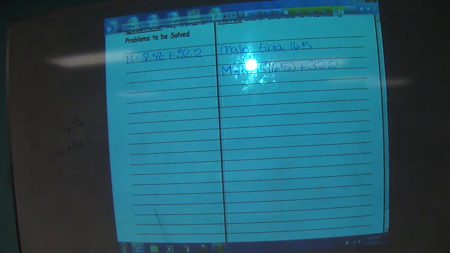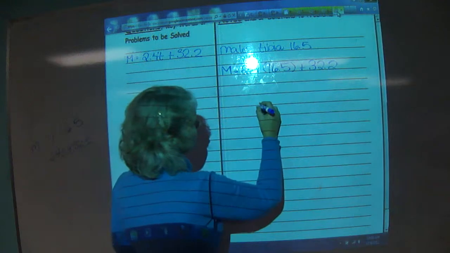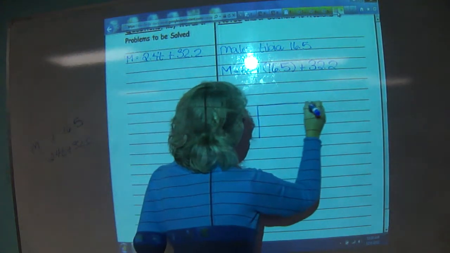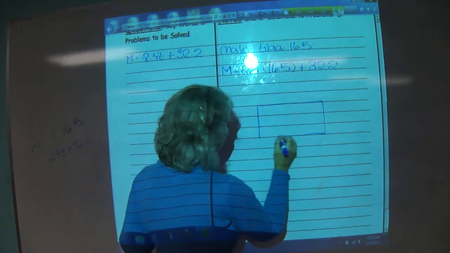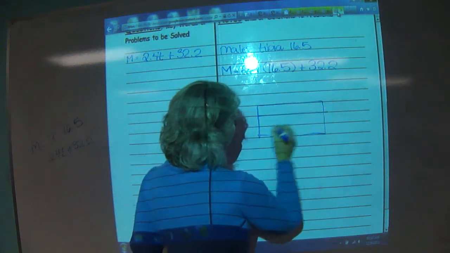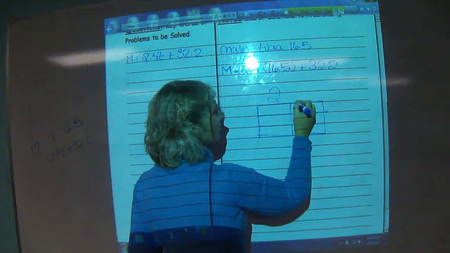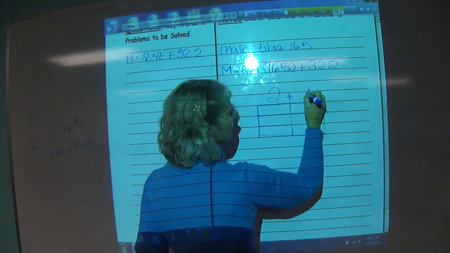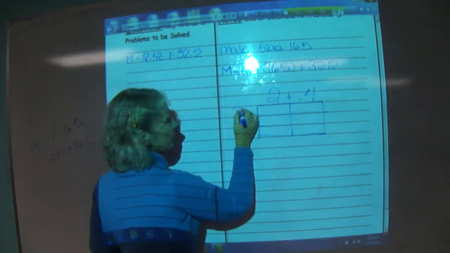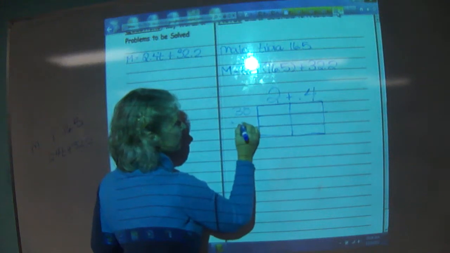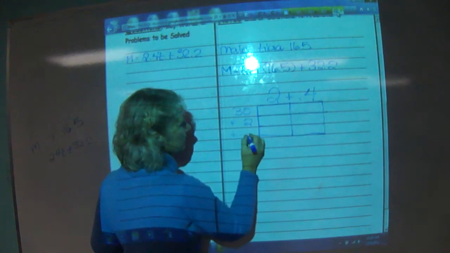These are just multiplication problems. You know my little boxies? I like my boxies, especially when I have lines to work with. I've got 2 plus 0.4, and 30 plus 2 plus 0.2.